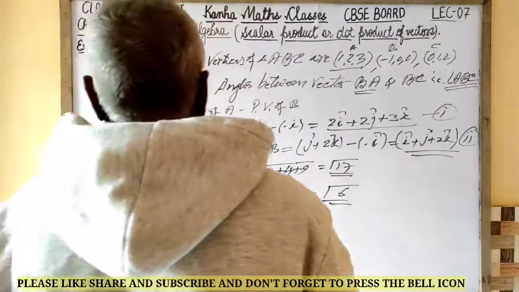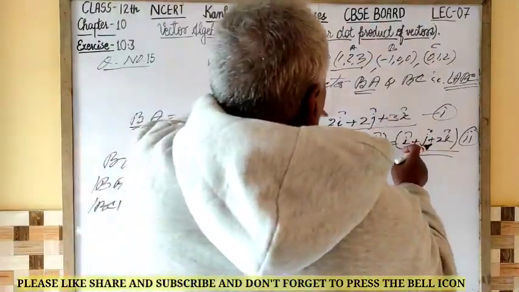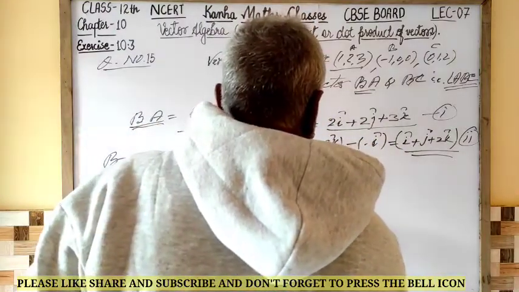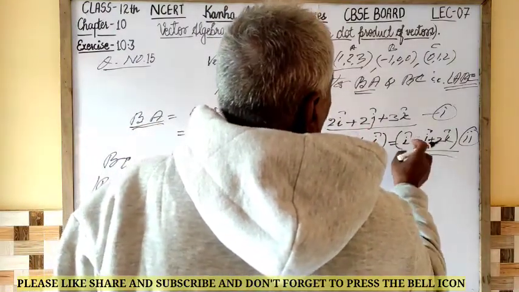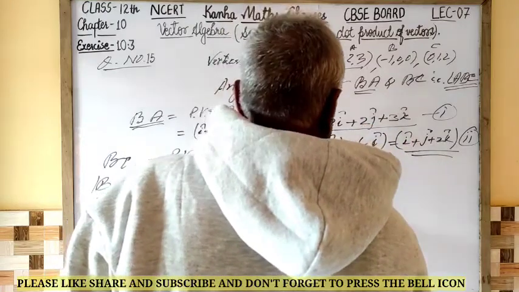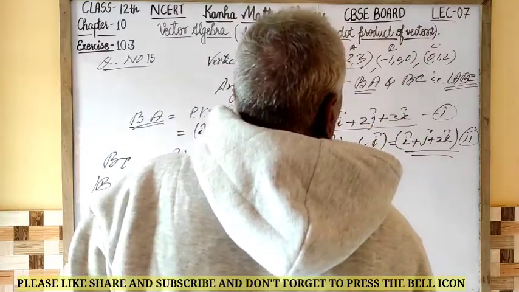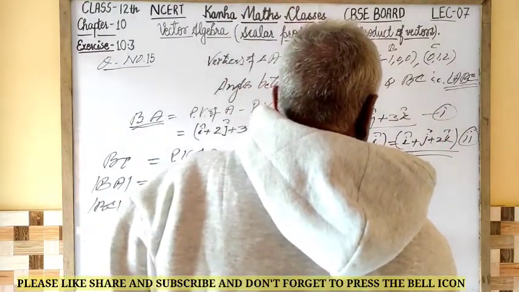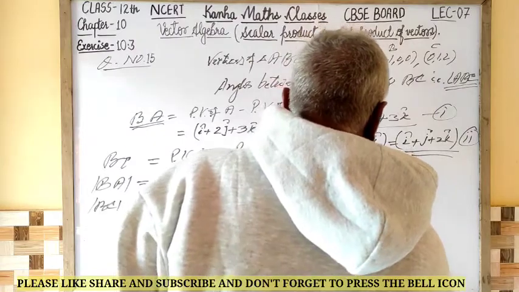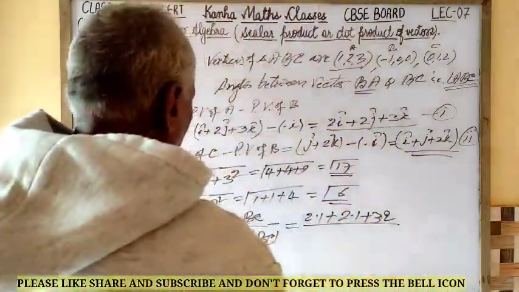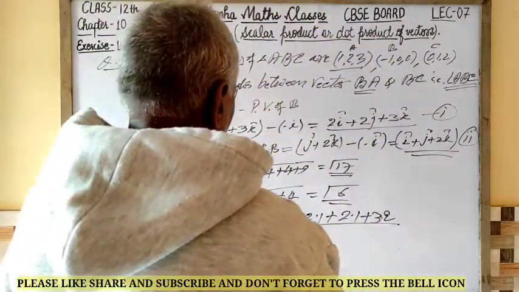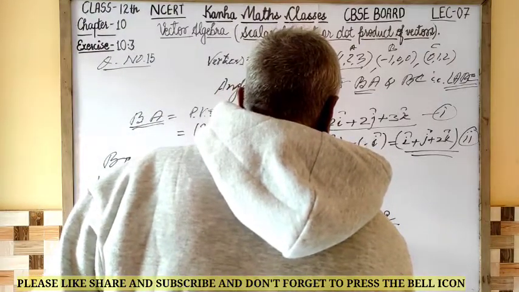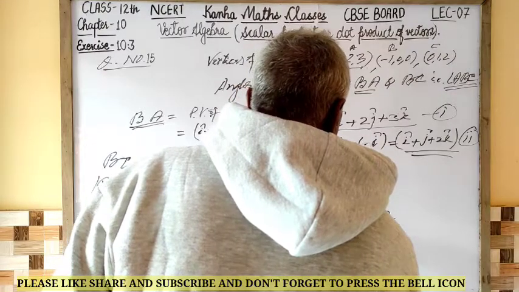The dot product of BA and BC: the coefficient of i, 2 into 1, and coefficient of j, 2 into 1, and the coefficient of k, 3 into 2, upon the magnitude of vector BA and BC, under root 17 into under root 6.